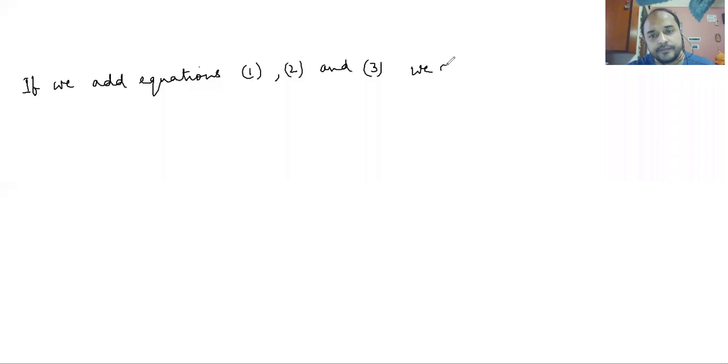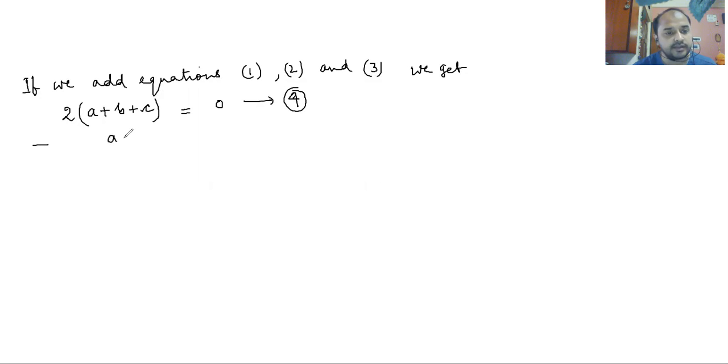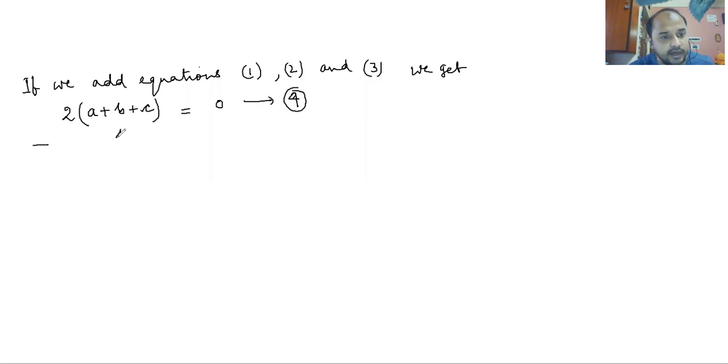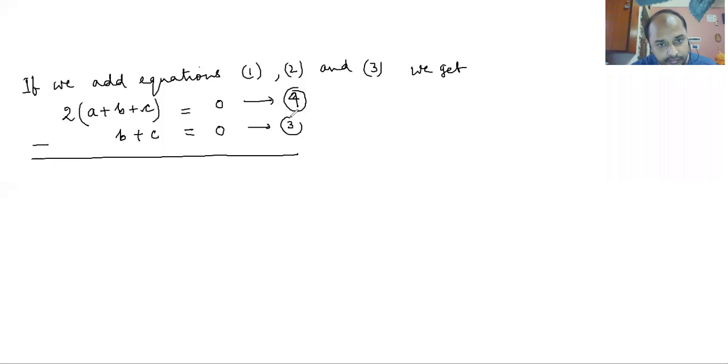we get twice (a plus b plus c) is equal to 0. You can name this equation 4. Now from this equation I am going to subtract b plus c, which is according to my writings equation number 3.